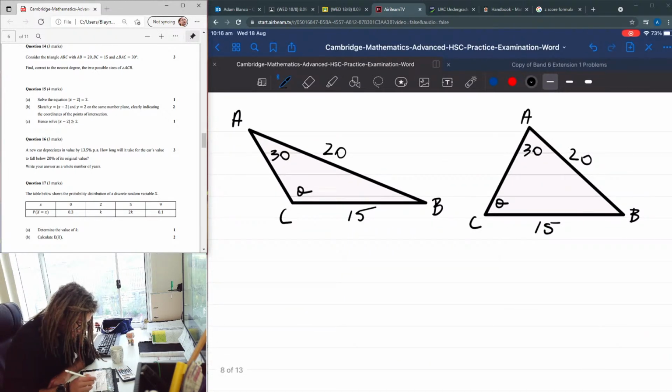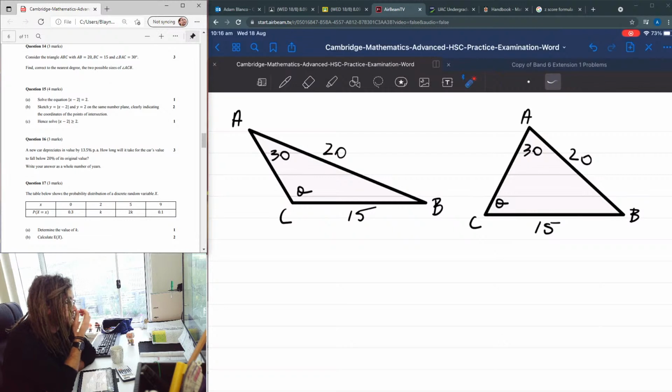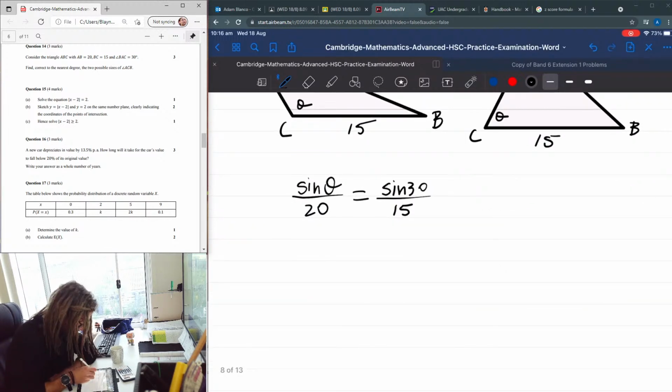Looks like sine rule from observation, because I can do this. Okay, 2 possible sizes. Cool. All right, so I'm trying to find an angle, so I'll go sine theta on 20 equals sine 30 on 15.